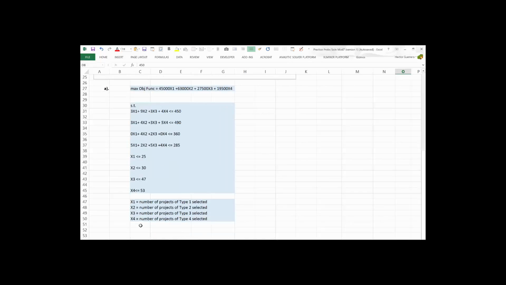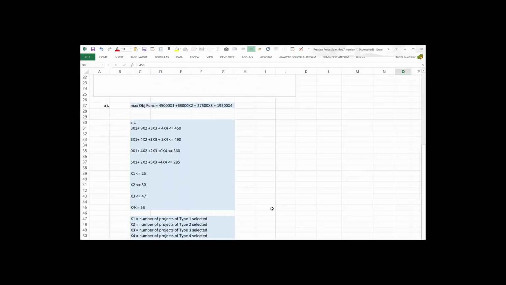We also define our variables as the number of projects of type 1 selected, type 2 selected, etc. It is understood that we're not going to have negative projects. So the smallest project selection, x1, will be 0, but it cannot be negative. All right, that is a very simple explanation of how we construct a maximization problem in this resource allocation type problem in problem 1, module 7 in our novice workbook.